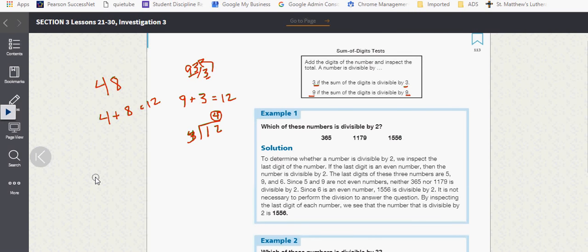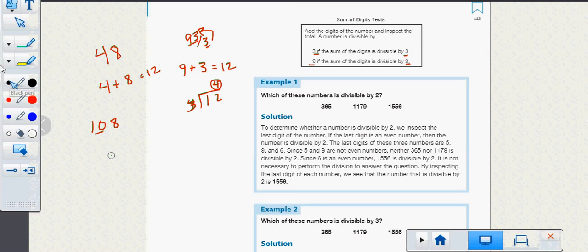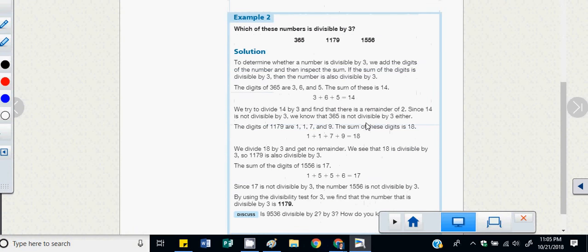If the sum of the digits is divisible by 9, let's try 18, so that would be 108. Except 0, it's not worth a 10, it's just 1, so that doesn't work. Let's just use the example to be our good example.